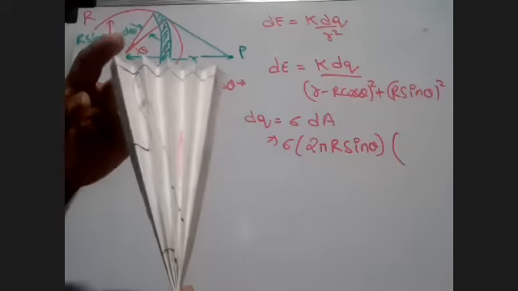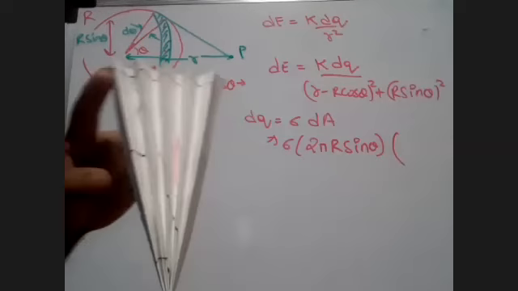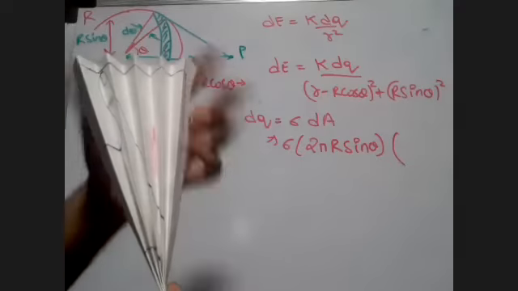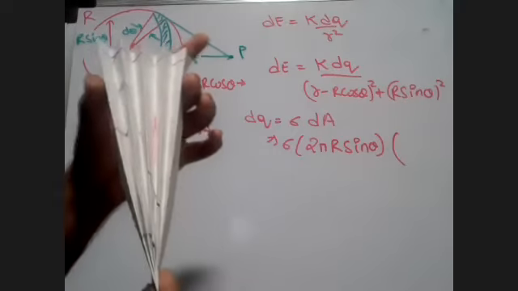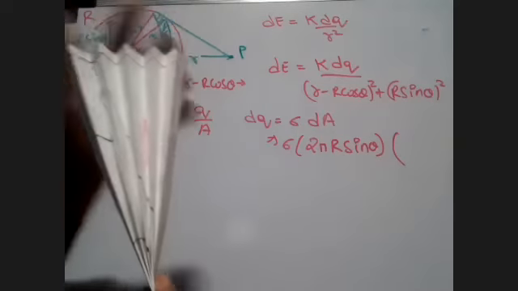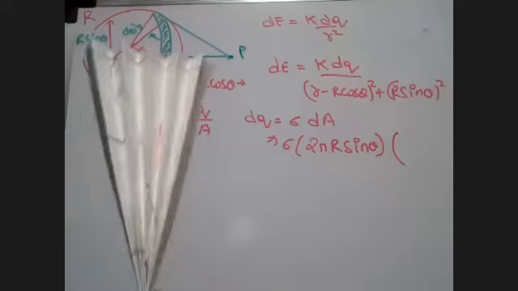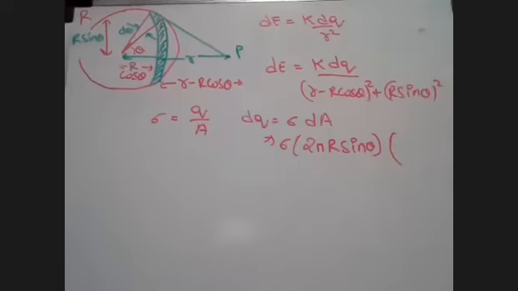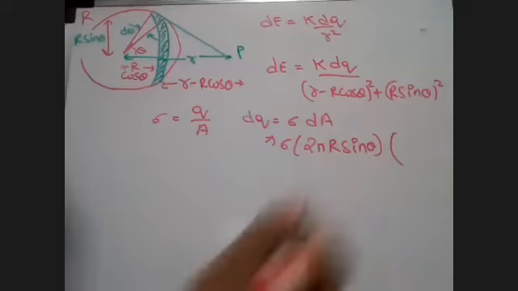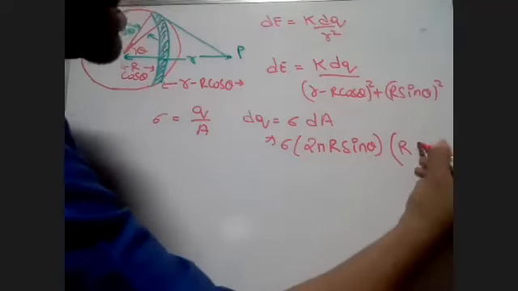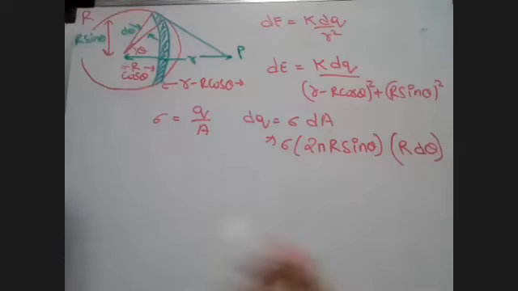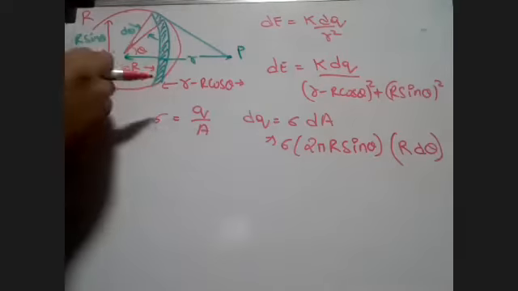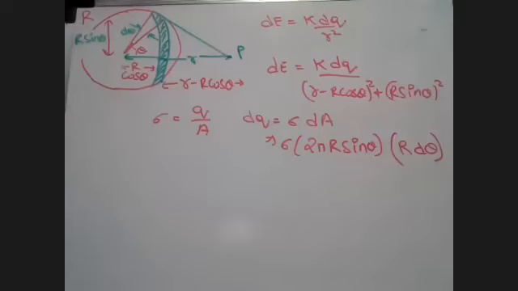But if I multiply the radius with the angle, it's going to give me the thickness. So I can write the thickness of the ring as r d theta, because d theta is the angle subtended by the ring at the center of the sphere.